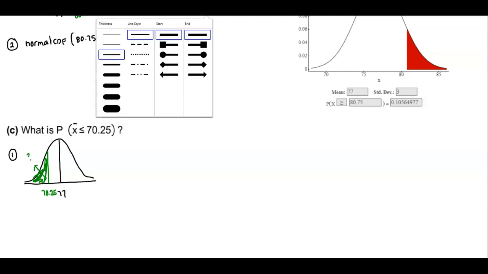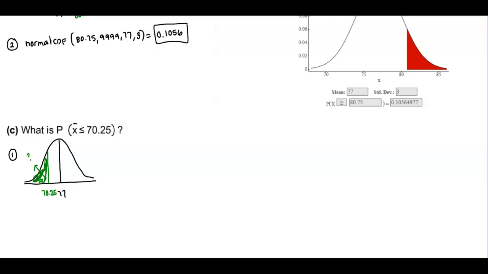Again, if we're going to use technology here, we use normal CDF with a lower bound of -9999 and an upper bound of 70.25. We know that our mean is 77, and the standard deviation of the sample mean is 3.